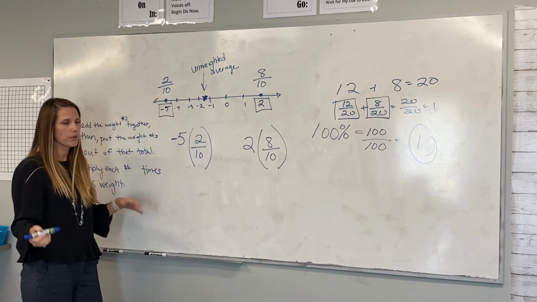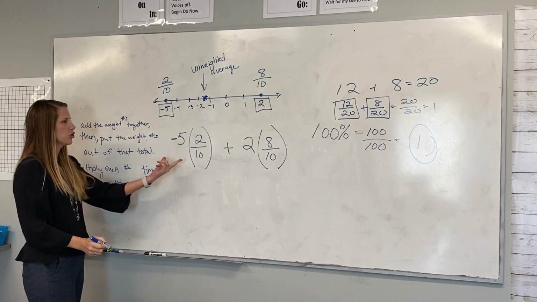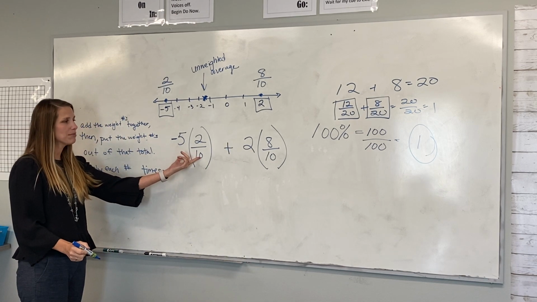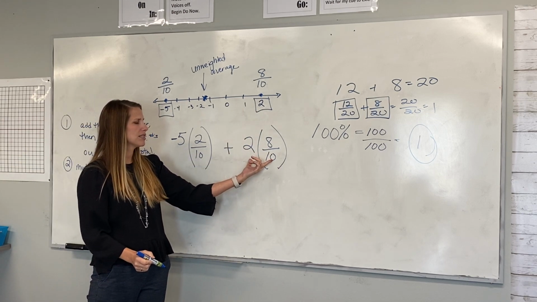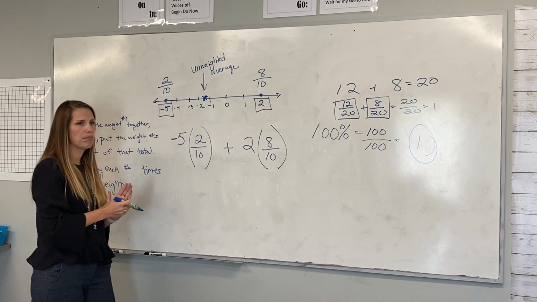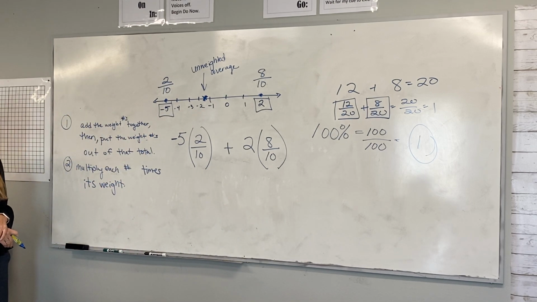Now here's the full equation. You're gonna add them together. You're gonna multiply the -5 times its weight, and you're gonna multiply the 2 times its weight, and then you're going to combine them. And that's gonna give you your weighted average. So it is very different than an unweighted average, right? Very, very different.